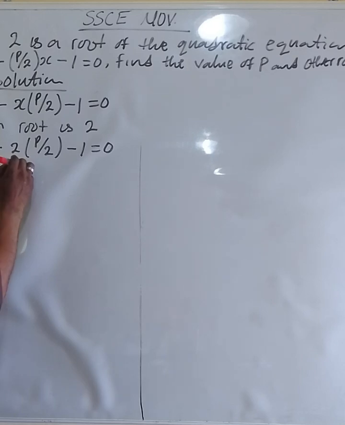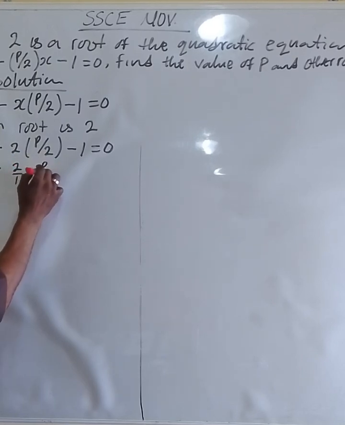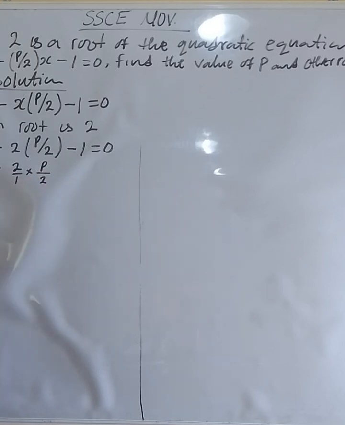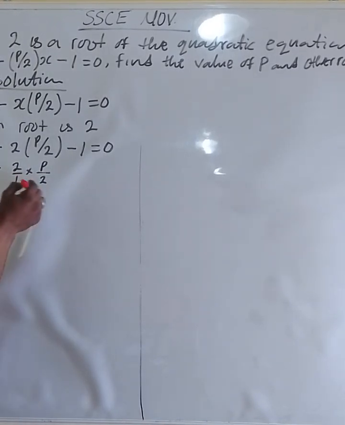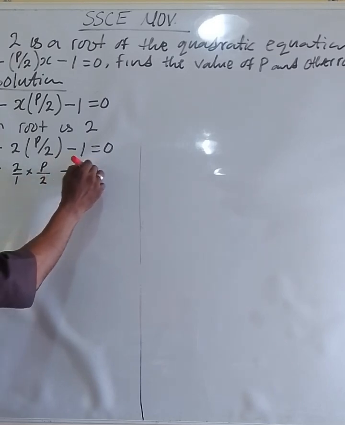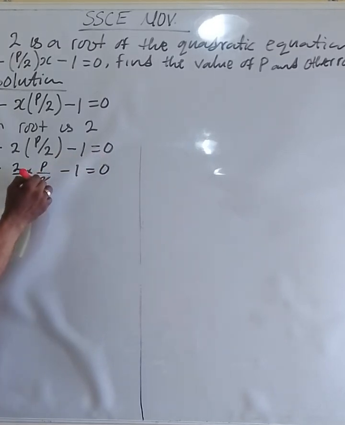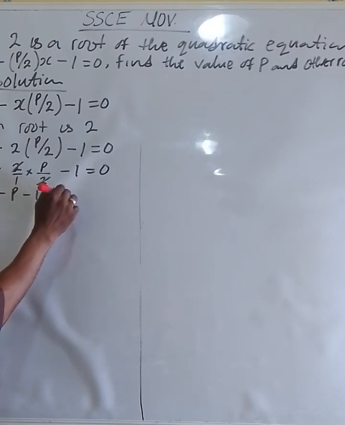Let me write it like this for you: 2 over 1 times p over 2. Are we together? And when you have it like this, minus 1 equals 0. So these 2 can easily cancel. So we now have 4 minus p minus 1 equals 0.